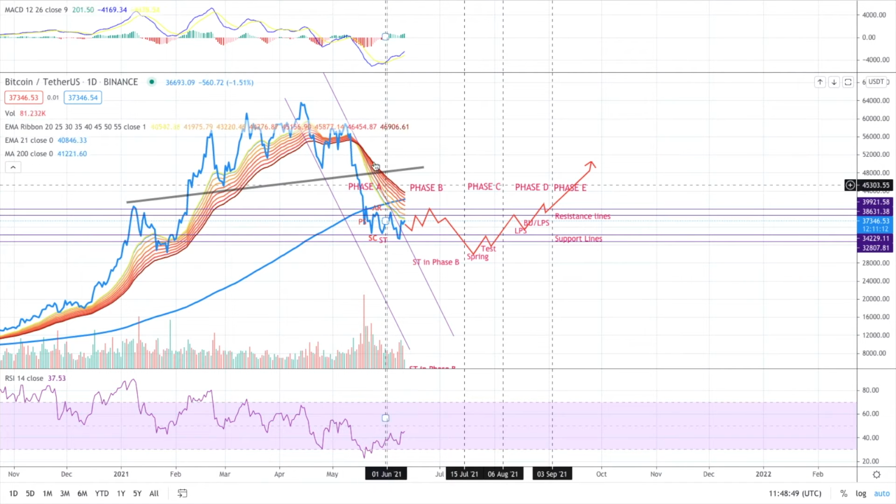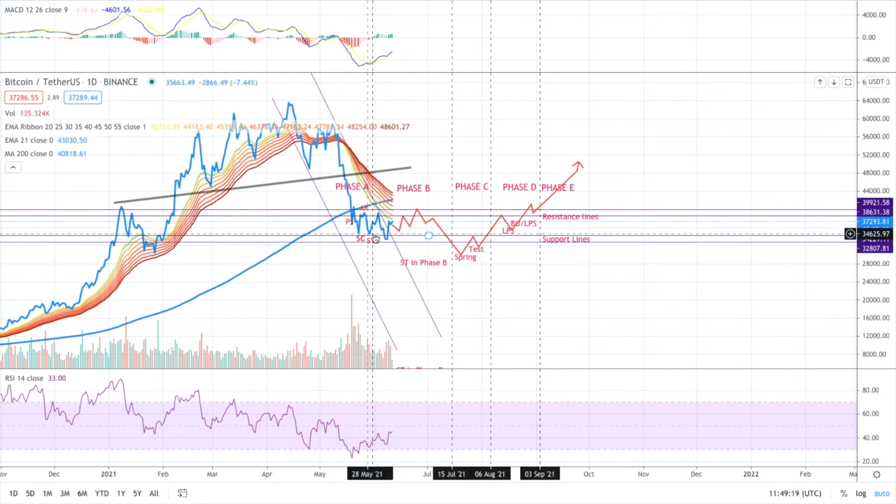This is all in phase A, and we can see what happens next. I was watching this unfold alongside the schematic that looks like it was written for the Bitcoin price, but was written 100 years before Bitcoin was invented. And I think it's probably because algorithms and bots have this kind of programmed into them, along with whatever else they program these things for.